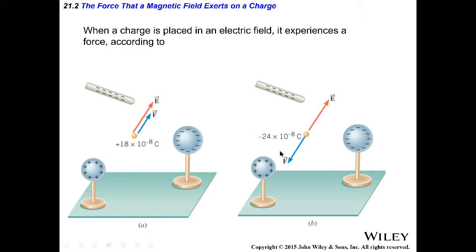But if I have a negative charge, the force on this charge due to the electric field from here is this way. This is just what the book already showed, right? Because F is equal to Q times E, and it depends on the sign. If it is a positive charge, then the force is in the same direction as E. If it's a negative charge, the force is opposite to it.